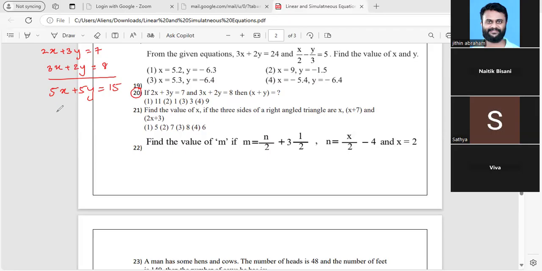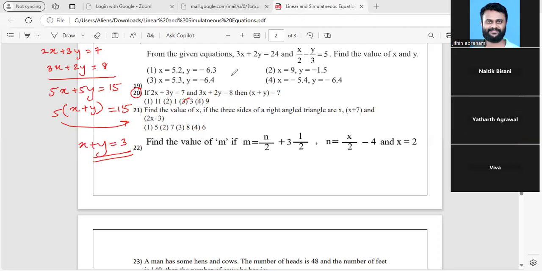Since both of them have the same number, I can take it common outside. That will give me x plus y inside and 5 outside. Obviously, since it is a common multiple, I can take it to the other side and make it 3. x plus y is equal to 3. Your answer is option 3.